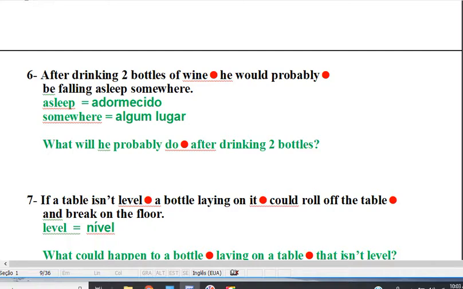Question. What will he probably do after drinking two bottles? Well, after drinking two bottles of wine, he would probably be falling asleep somewhere.